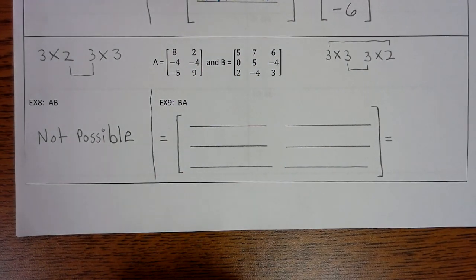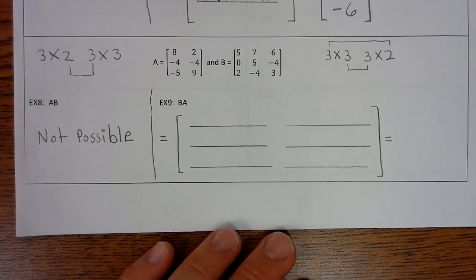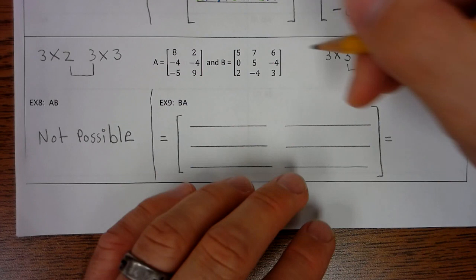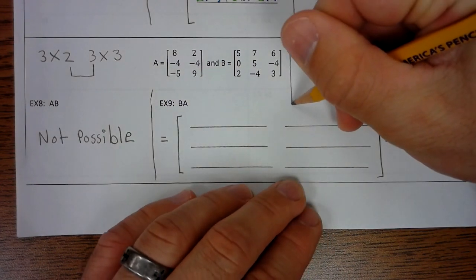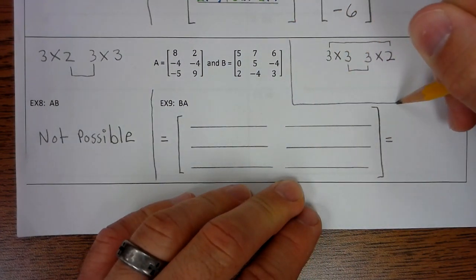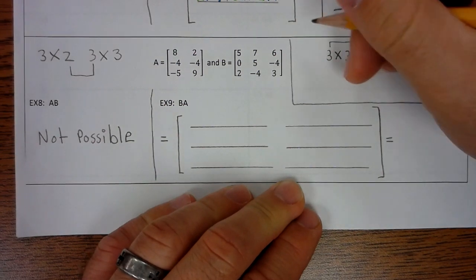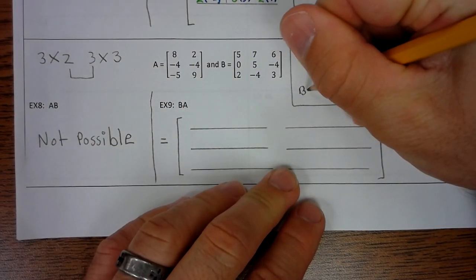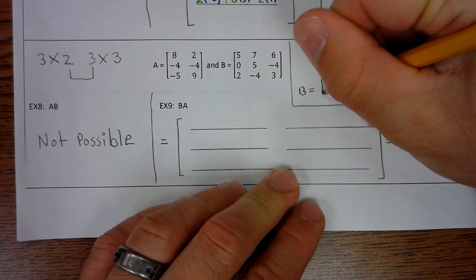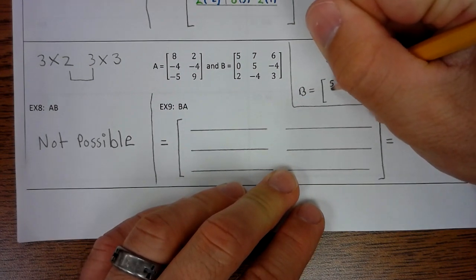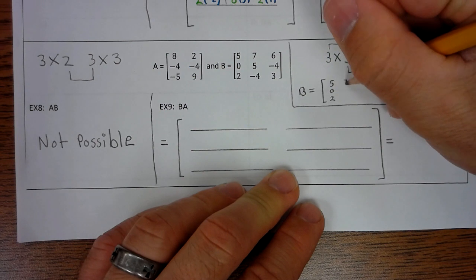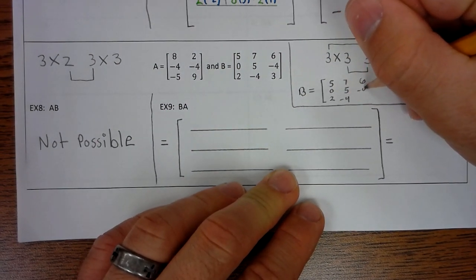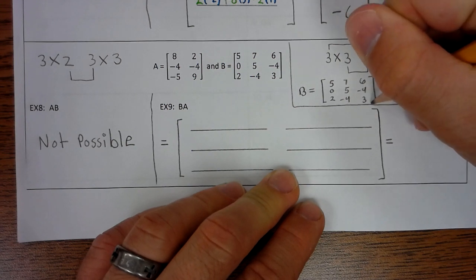All right, and I want to rewrite it. So B's first, then A. So B equals 5, 0, 2, 7, 5, negative 4, 6, negative 4, 3.